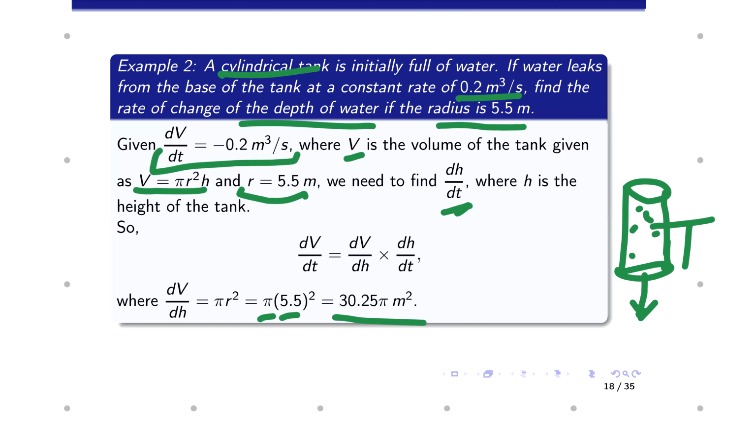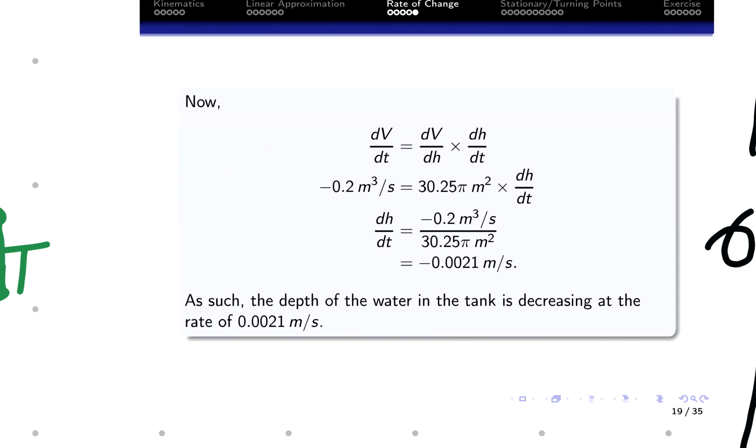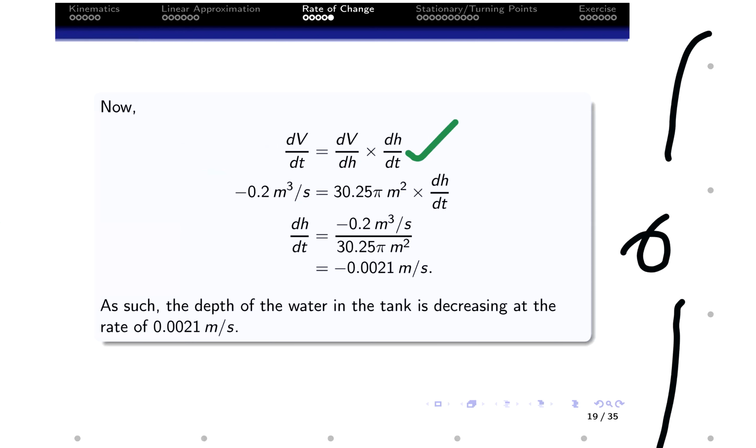So don't forget, what we are looking for is dh/dt at the end of the day. We haven't found that, so we are still gathering information to help us find that. So let's go. Here you have dV/dt equals dV/dh times dh/dt.